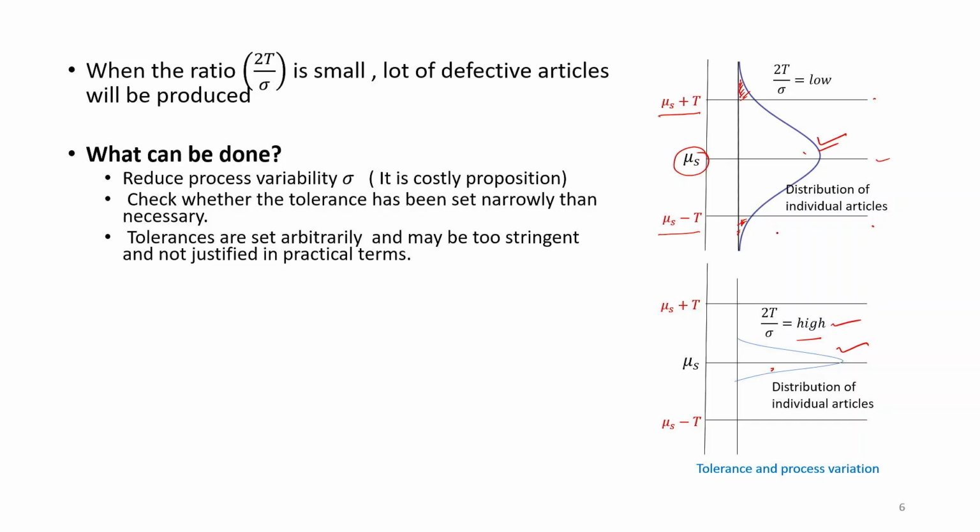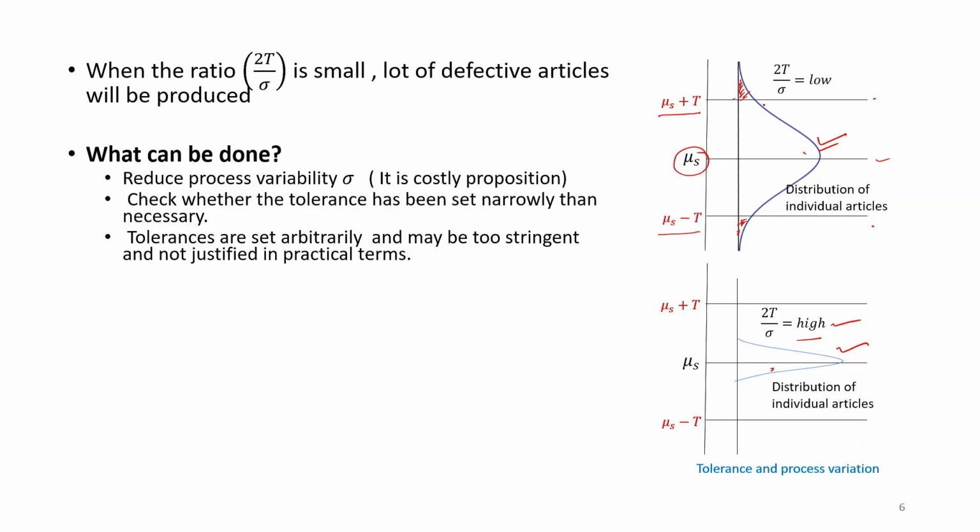Even though the mean may be at the right place, since the distribution is quite wide, some articles are going to fall in this region, and therefore some percentage of items being produced will be rejected. So they will be in a way defective items, and therefore they will be rejected.